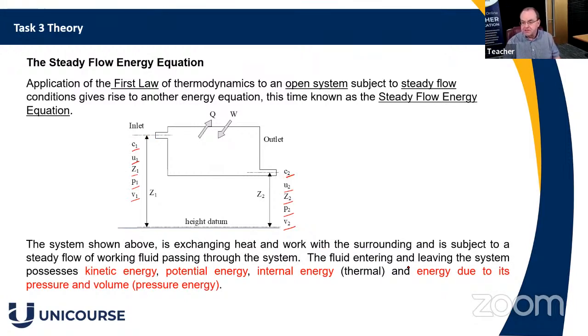The fluid entering and leaving the system possesses energy in the form of kinetic energy due to its velocity. It possesses potential energy due to its position relative to the datum. It also possesses internal energy due to its temperature, and also it has energy due to its pressure and volume.